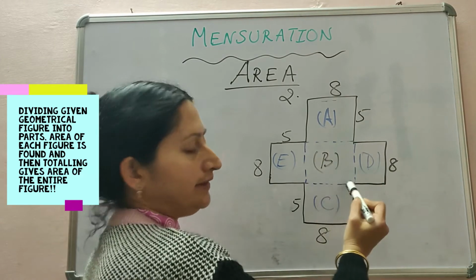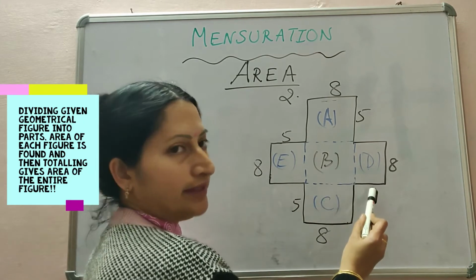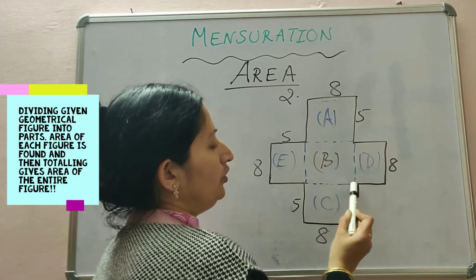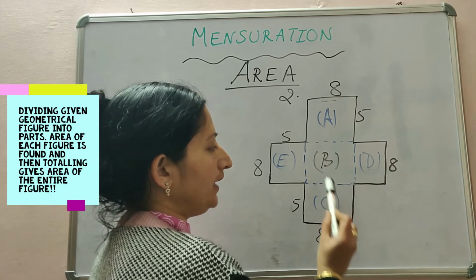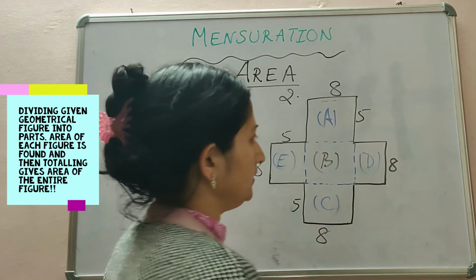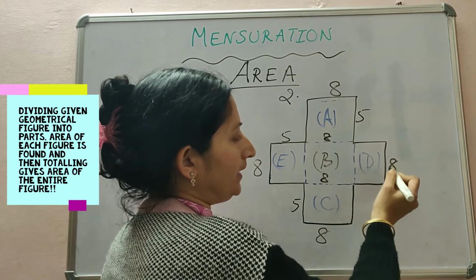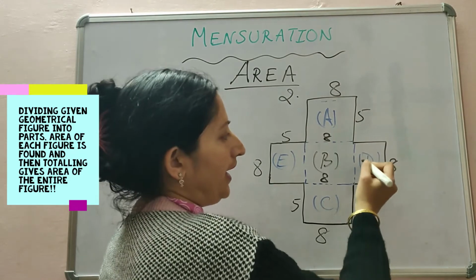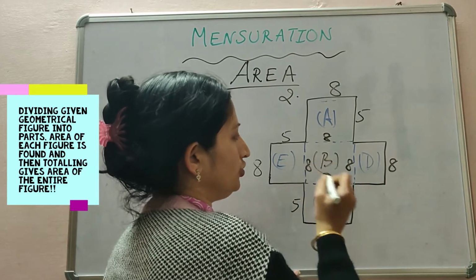Now come to the central figure. In the central figure, if this side is 5 and this side is also 5, so this remaining part, as here it's 8, in a rectangle, here also it should be 8. So this will become 8. Same way this side also will be 8. And here, as it is 8 here, so it should be 8, and here also it should be 8.